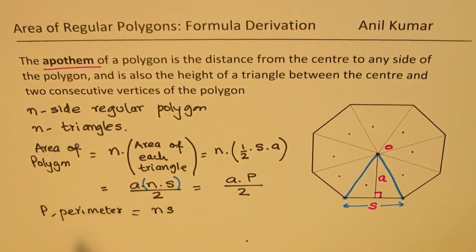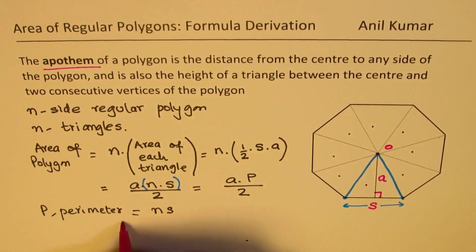So the area of any regular polygon can be written as apothem times perimeter divided by 2, or apothem times number of sides, side length divided by 2. So that becomes a standard formula which can be utilized to find the area of a polygon, right?